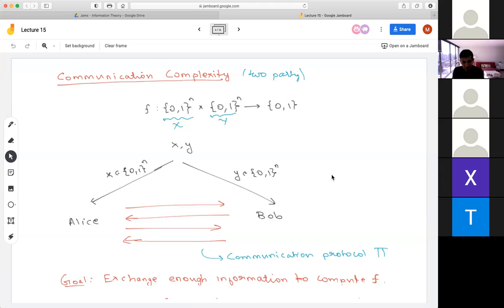We don't even necessarily want to think about all possible kinds of messages that we could have sent. But we want to prove lower bounds here, that no matter how you try to exchange messages, because of the very nature of the function f, you need to exchange at least so much information.